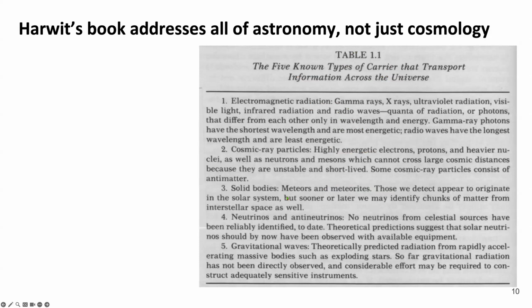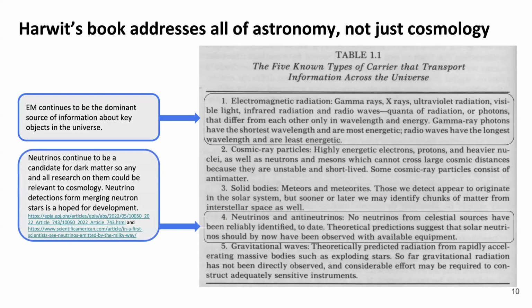They don't particularly influence cosmology, but they're important to the general study of astronomy. Neutrinos and other subatomic particles, and then gravitational waves. And the idea of detecting gravitational waves 40 years ago was just a dream. And of course, now we have a mature science evolving, and I'm going to show you some results of that as we go through today's presentation.